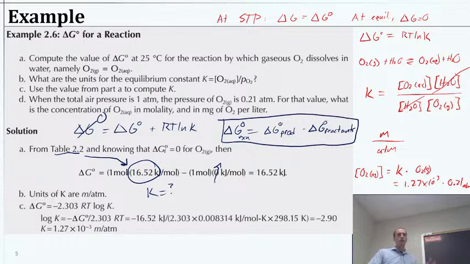So then you can say log K equals that value, and then calculate from there. So put in the numbers. It should give you 1.27 times 10 to the minus third, and the units there are molar per atmosphere, or molal per atmosphere. Okay, is that fine? Any issues?